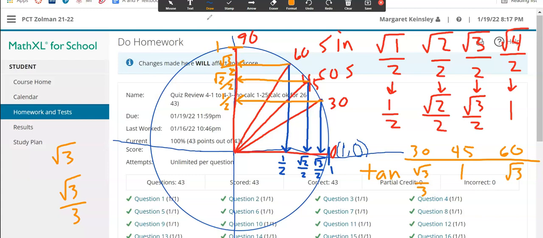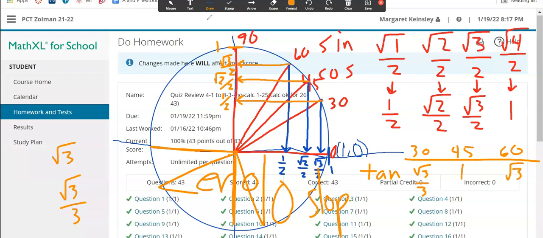Now, let's not forget, this one's a slope of 0. This one's a slope that's undefined. So those are values that you need to know. Well, you do know that a horizontal line has a slope of 0, right? And that there's no slope for an undefined tangent.